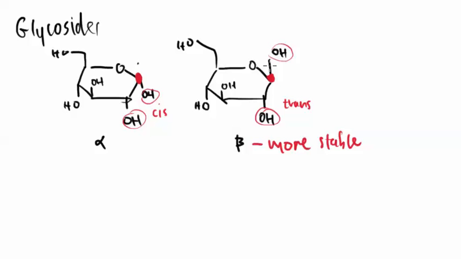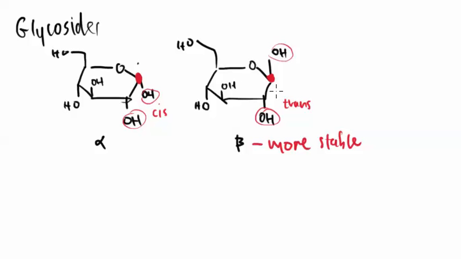If it's the alpha, is it on the same side as another OH group? If it is, then that's not going to be the most stable form. If I draw the alpha version down, and the next carbon has the OH group pointed up, then they are on opposite sides. So the alpha would be more stable in that location. But take a look at these OH groups. Again, compare them.